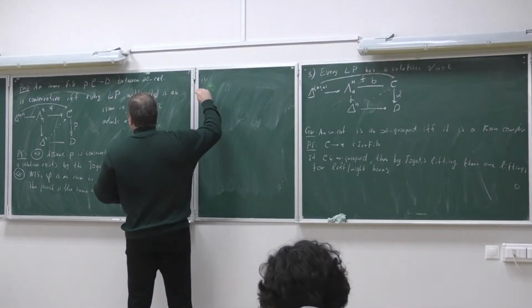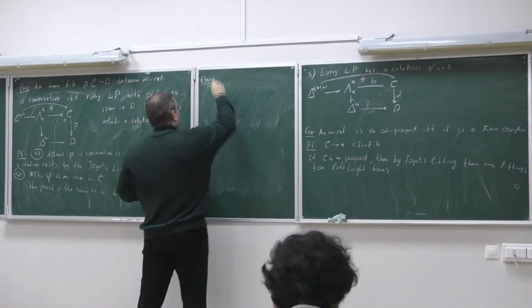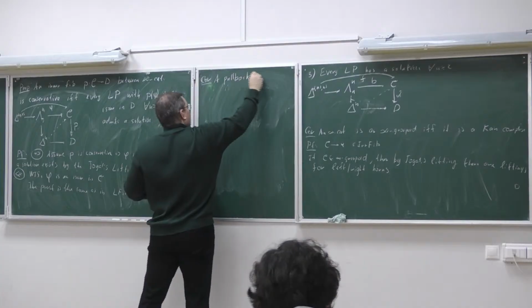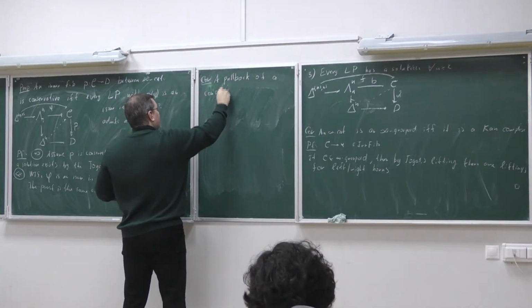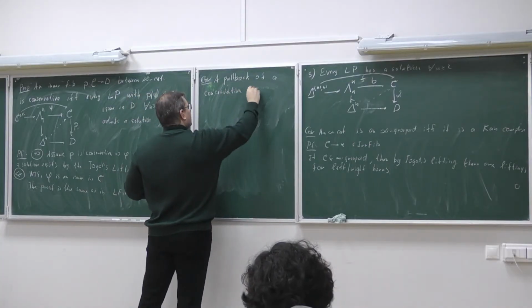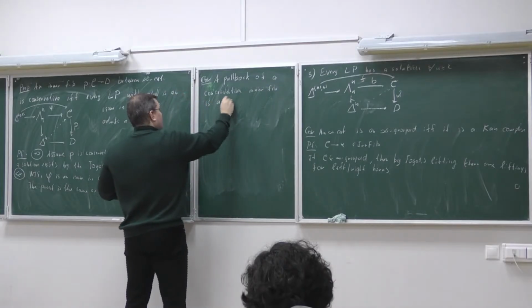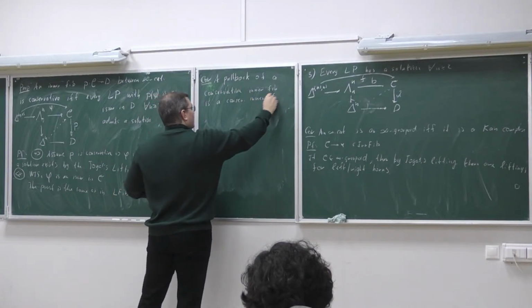Now we have the following corollary. The pullback of a conservative inner fibration is a conservative inner fibration.